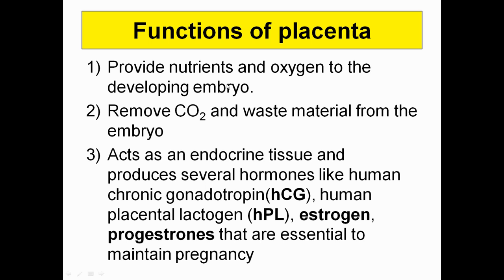It need to be removed out through the placenta. It also act as an endocrine tissue, going to secrete several hormones like human chorionic gonadotrophin, human placental lactogen, estrogen and progesterone. Estrogen and progesterone are very very important hormones going to maintain the pregnancy. Okay, they are pregnancy hormones, we can say.